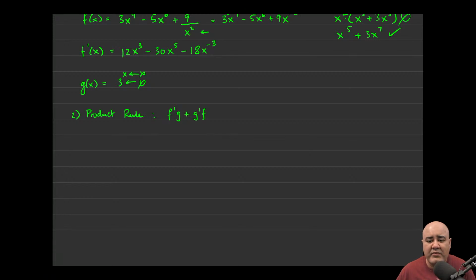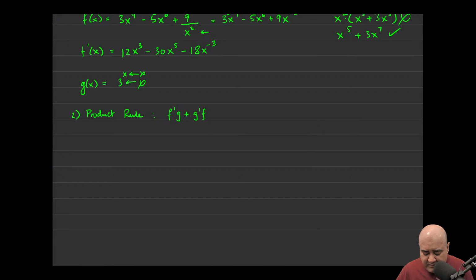But if you only memorize the formula with f's and g's or u's and v's, there's a potential for a mistake. The potential isn't as high with the product rule because there's a sum in the middle, but with the quotient rule, where you get a subtraction or a difference in the middle, that's where it becomes very, very easy to make a silly mistake. So let's go over that in more detail when we get to the quotient rule.